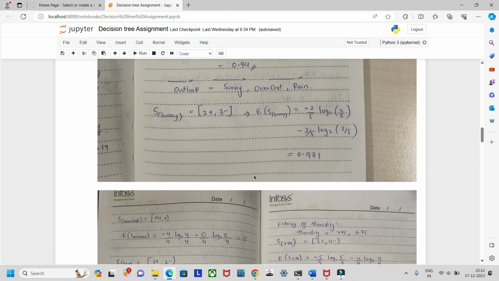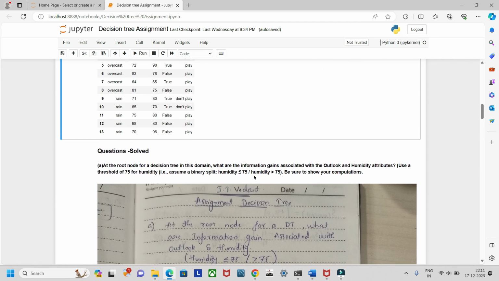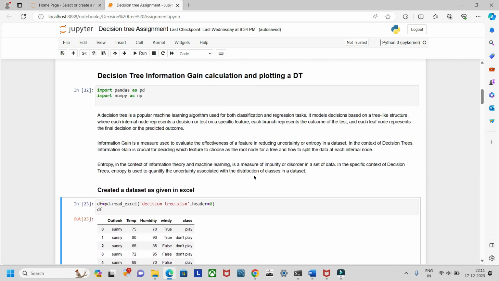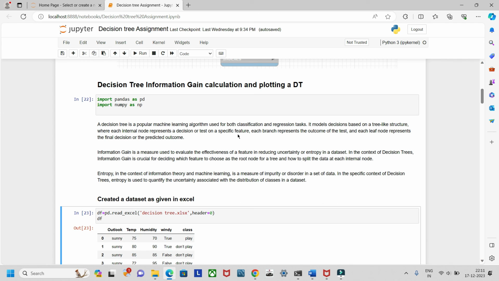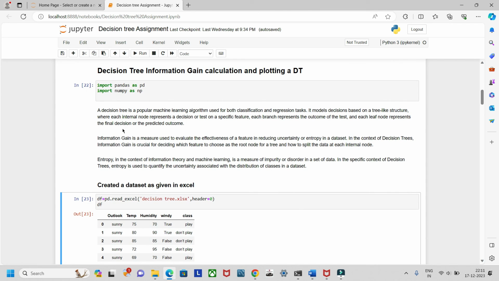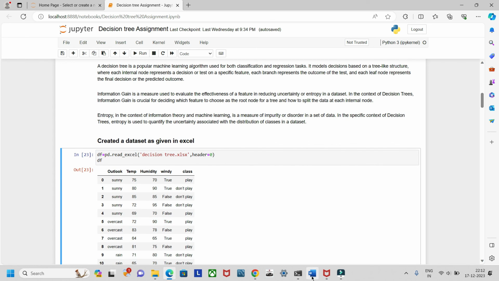Decision tree is basically a supervised machine learning algorithm both for classification and regression models. Particularly for classification models it takes into consideration information gain and entropy. So entropy is the base here, and after that we calculate information gain to choose the root node from which the splitting starts.